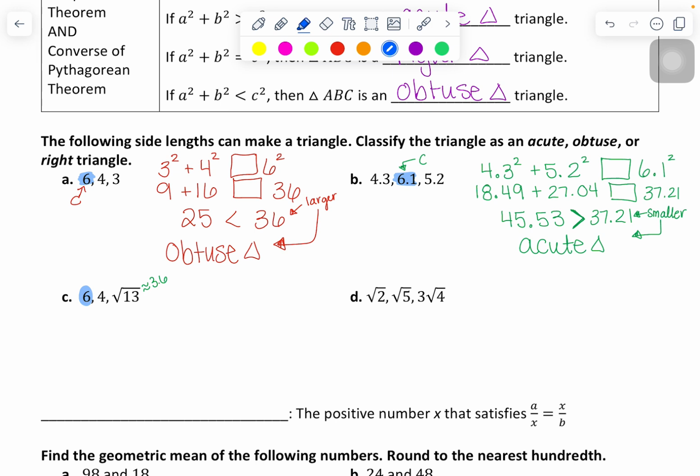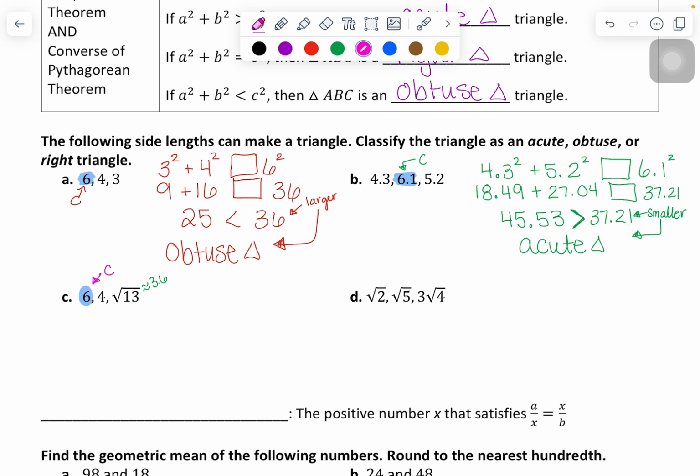Now, you have to be careful. You look at the decimal in the calculator for one reason and one reason only: to determine which side is bigger. When we do our a squared plus b squared compared to c squared, where c is this side, I do not plug in 3.6.